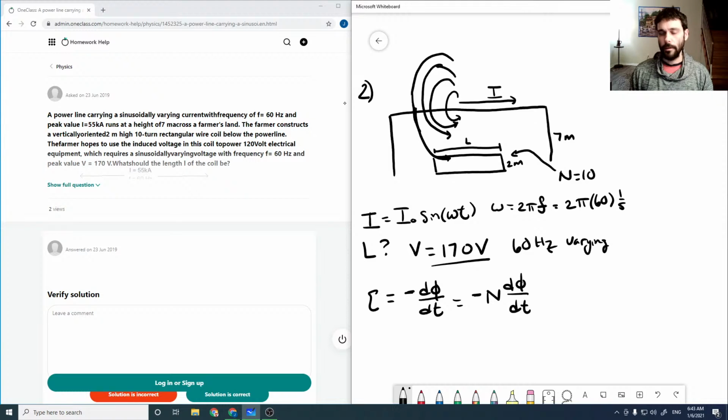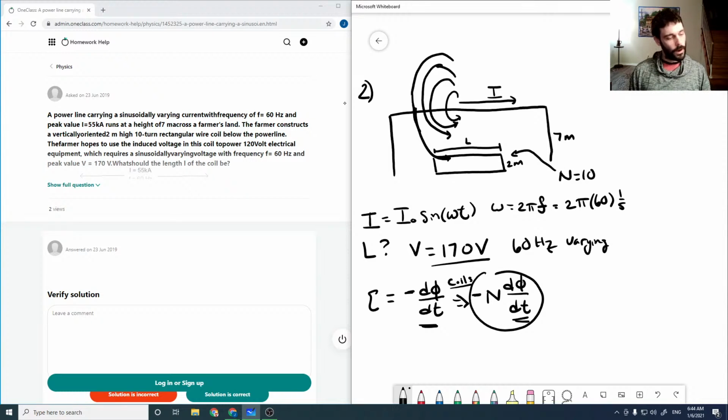So the n here, I'm just going to put an arrow instead of an equal, just because I'm doing it for coils. So both of these should be equivalent, but here this phi is referring to a single coil, while this phi would be referring to all the coils. But I'm just going to use this guy.